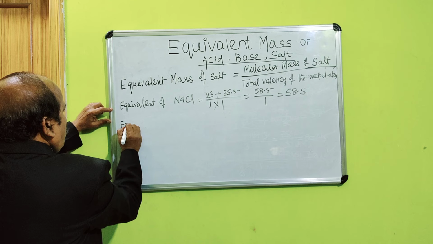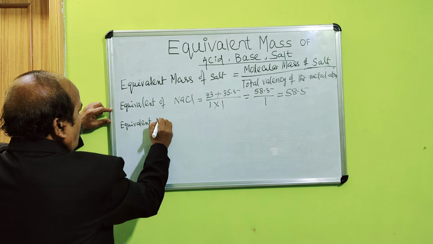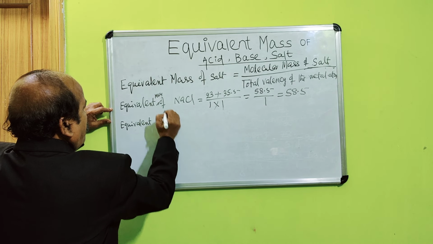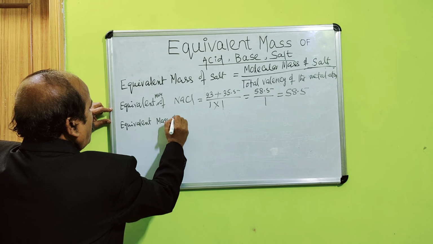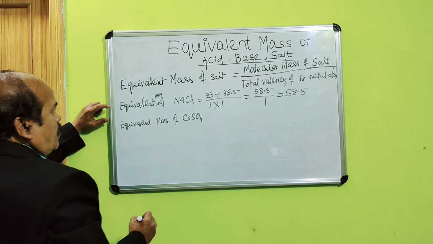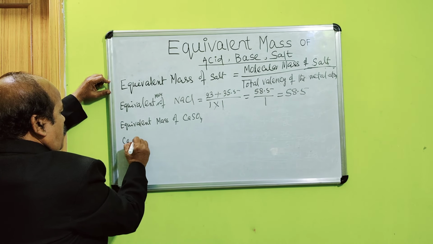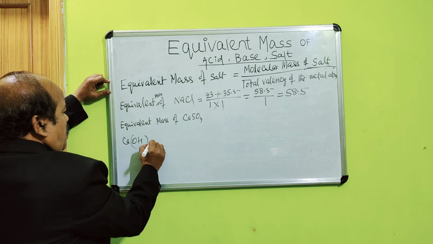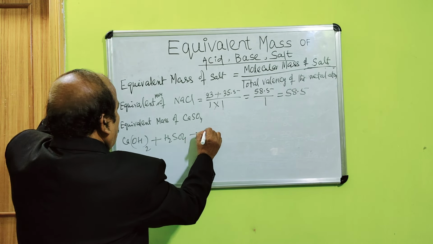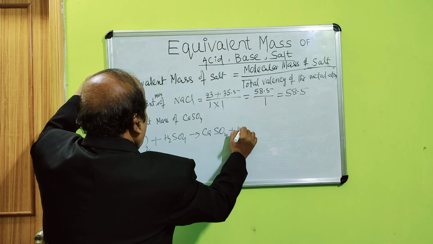Equivalent mass of calcium sulfate. Let me tell you, calcium sulfate is a salt that is formed by combining calcium hydroxide with sulfuric acid, giving calcium sulfate plus water.